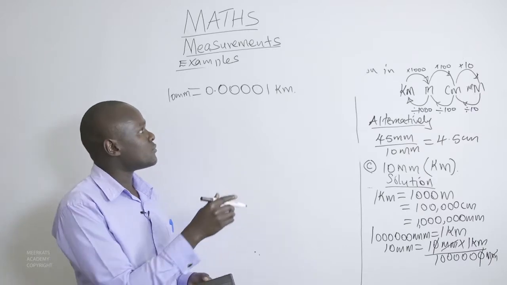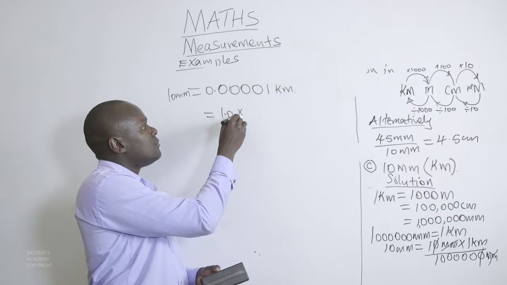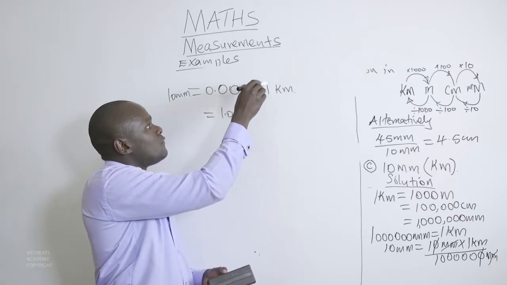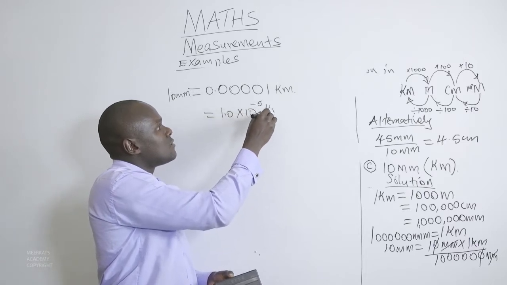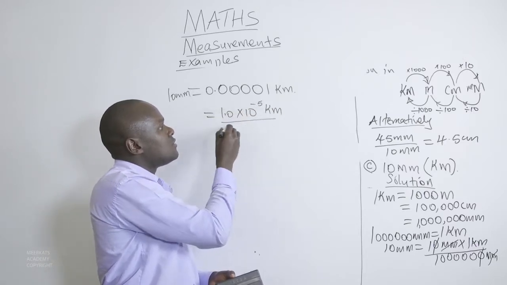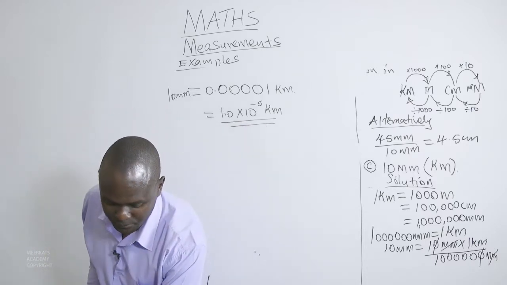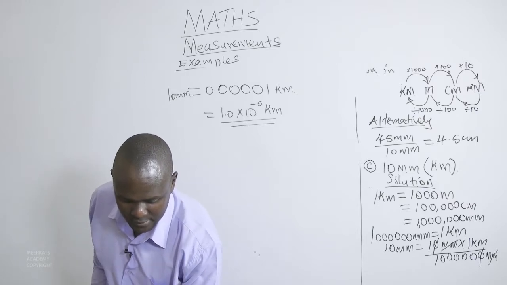That is the standard procedure. So this is the same as 1.0 times 10 raised to power, this is 1, 2, 3, 4, 5, so it will be negative 5 kilometers. This is in standard form. It is more presentable. Let us continue by looking at other examples.